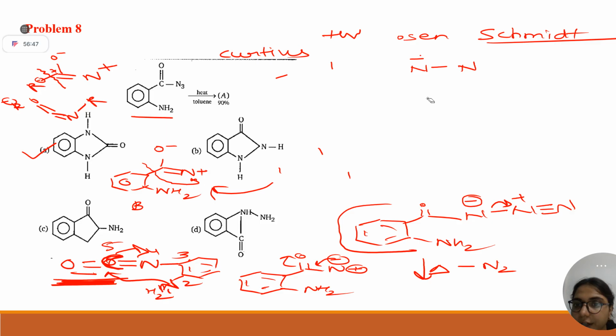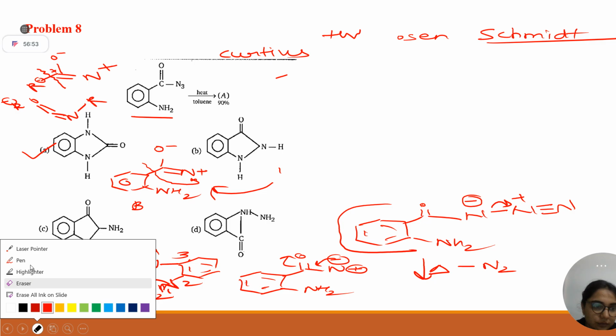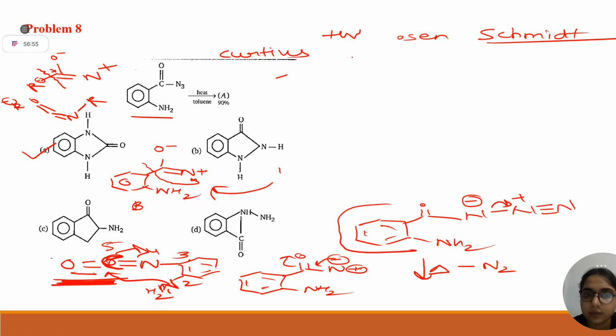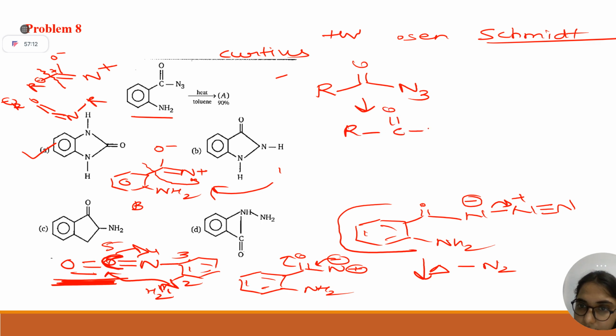Now I will tell you the direct trick, you can say. See, whatever R group is here, RCON3. In a competitive exam, how can you write? Directly make it RCO nitrene. Clear? Now what you have to do? Nothing.